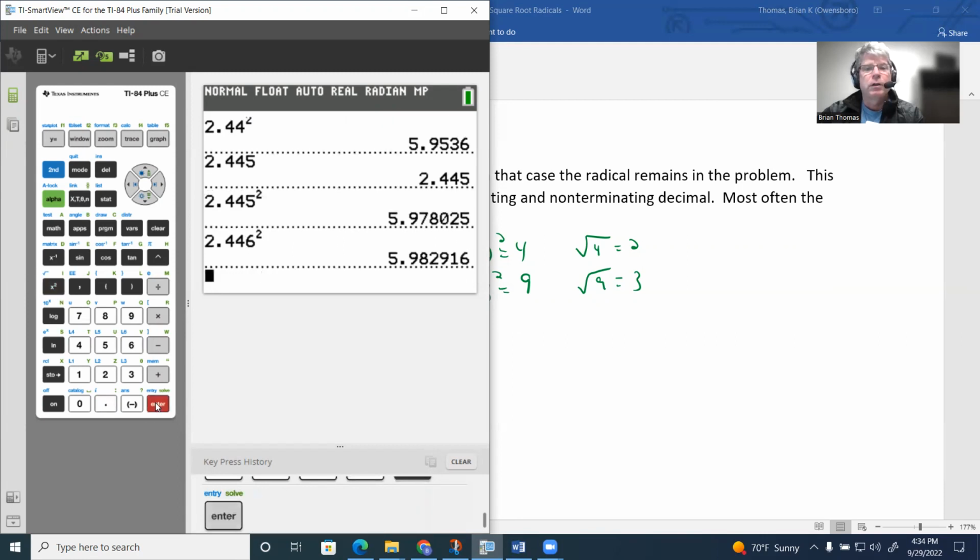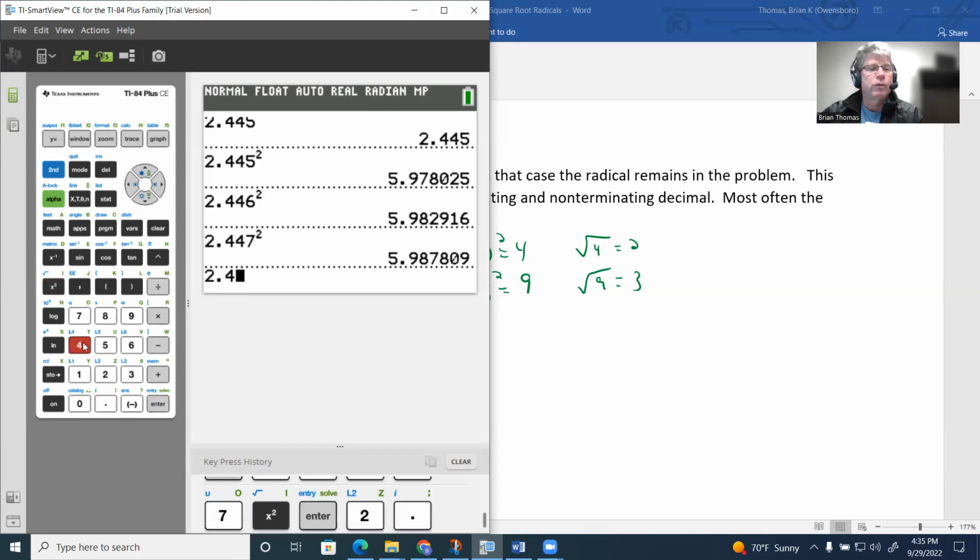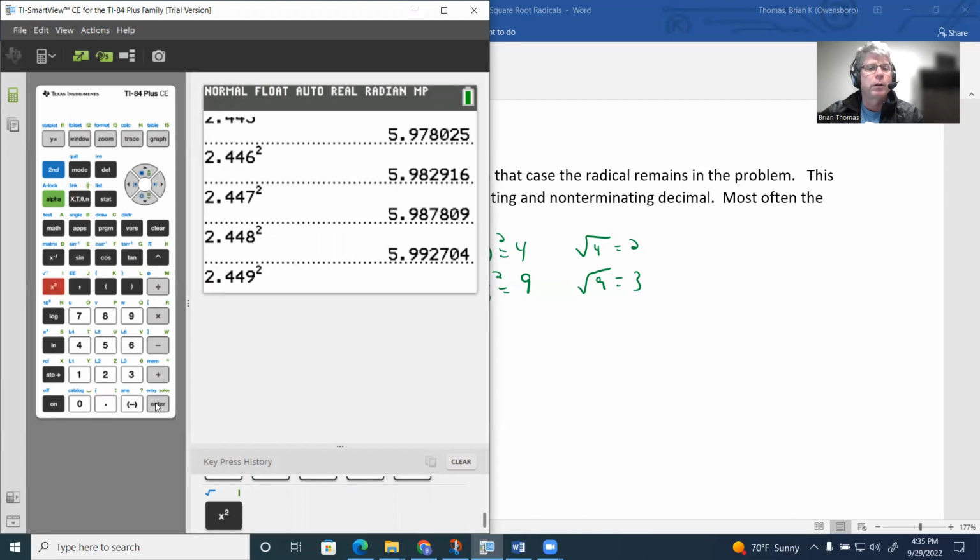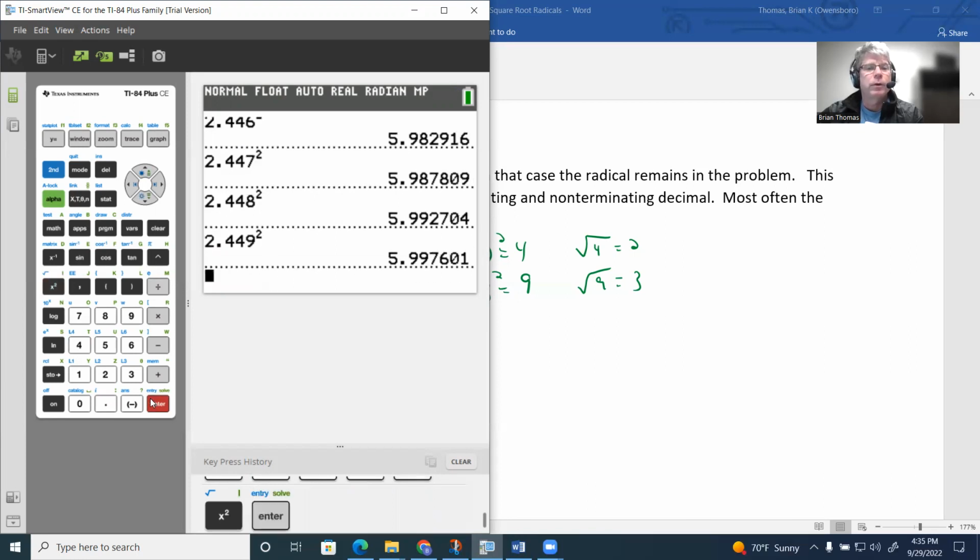And that would be closer, but I could still go a little bit higher. So then I can go 2.447 squared, and I'm getting a little bit closer. 2.448 squared, and I could still go a little bit higher. 2.449 squared, and notice that I can still keep going.